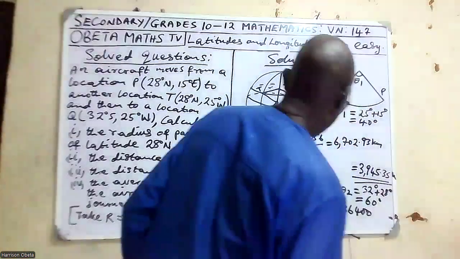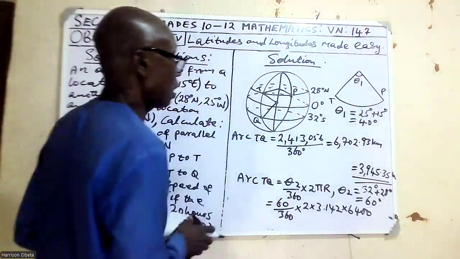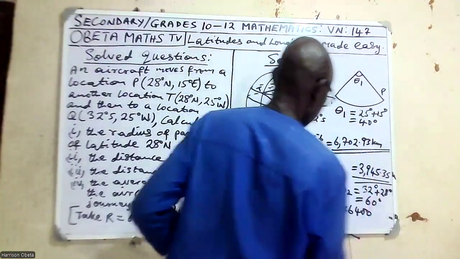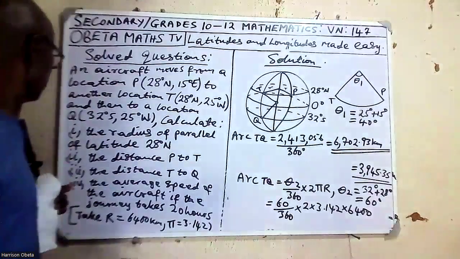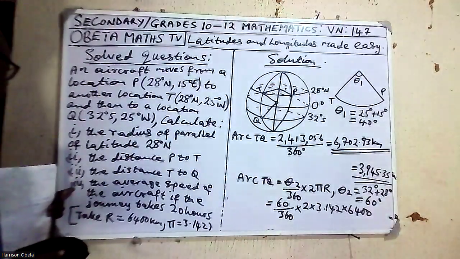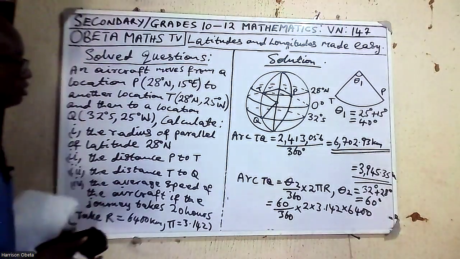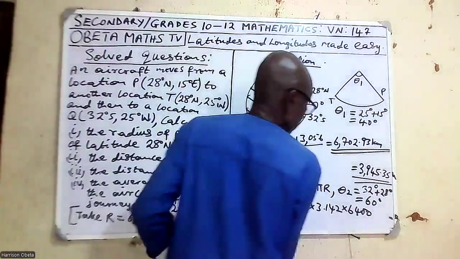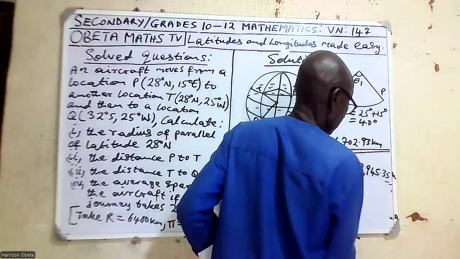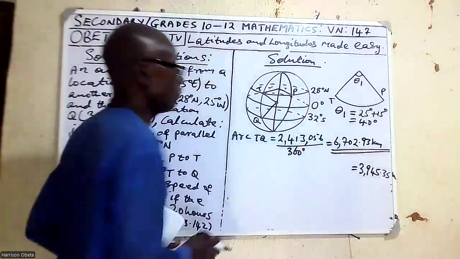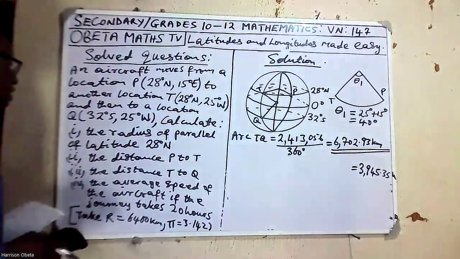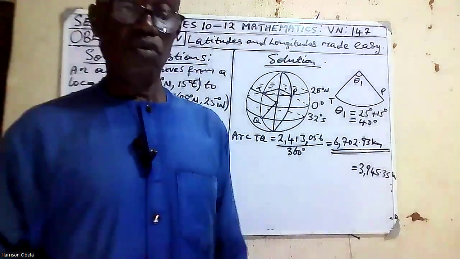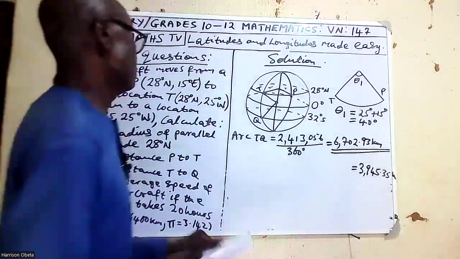So we have calculated this, and before we calculated this, so we are now going to the final stage, which is the fourth question, average speed. But before we talk of average speed, we have to calculate the total distance, because average speed is total distance over total time.